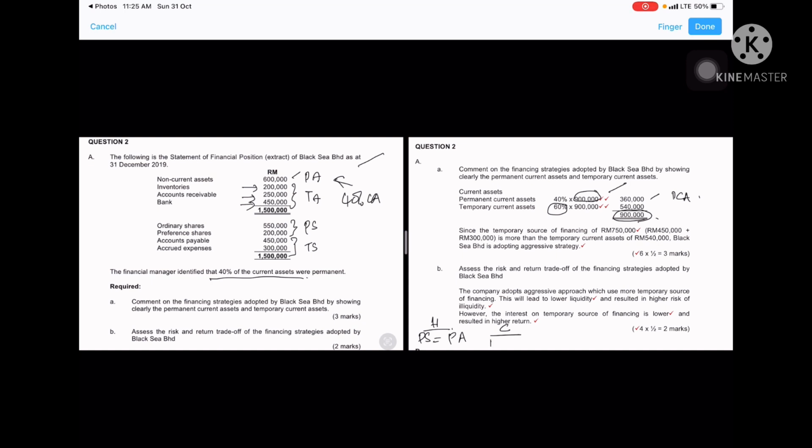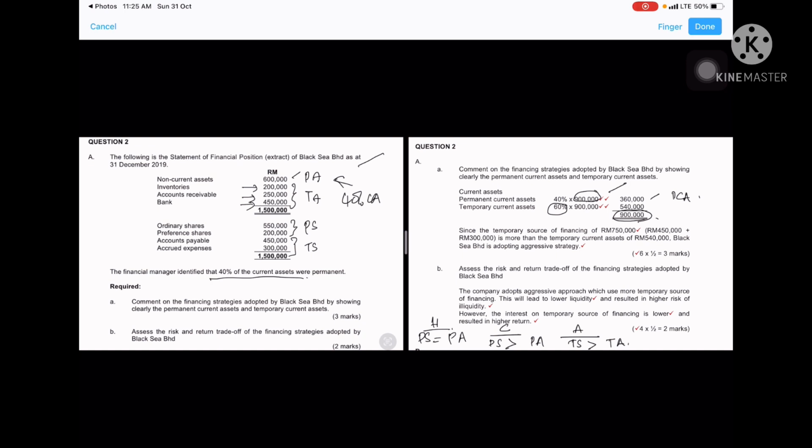Conservative is when permanent sources is more than permanent asset. What about aggressive? Aggressive is when temporary sources is bigger than the temporary asset. So if we look at this situation, which one do we like to see?